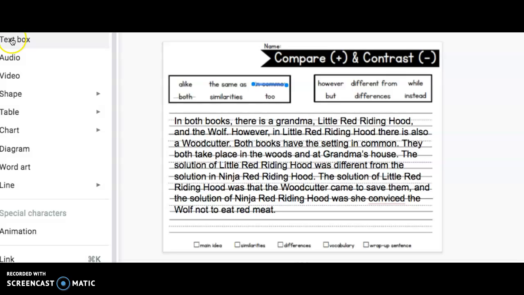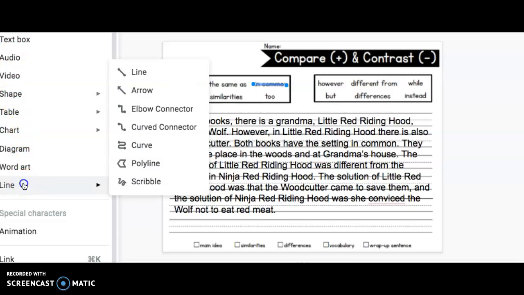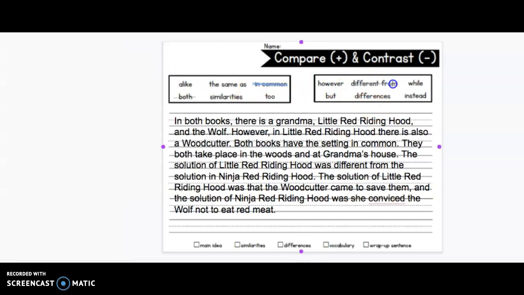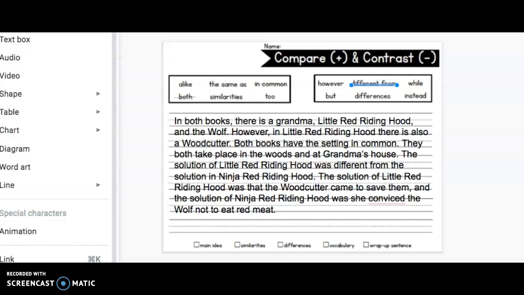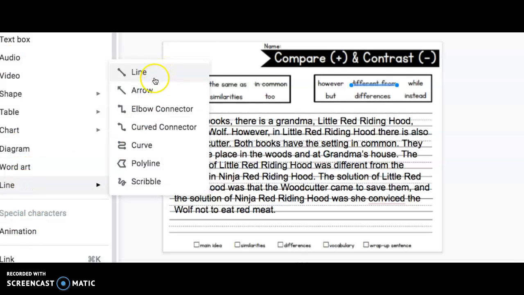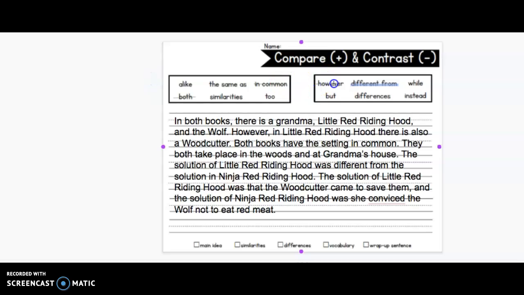We used the word different from, however. So notice I did not use all of the words, but that is okay because I can clearly see that the words I did use tell me what they are the same and how they are different.